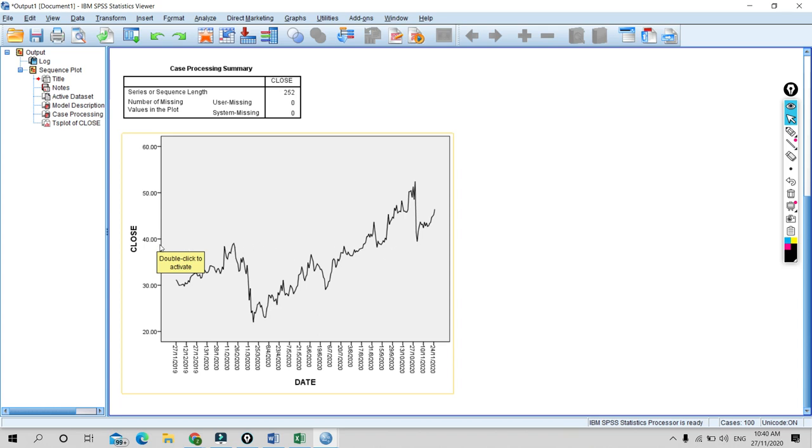Sequence chart, difference by 1. Then the chart, you can see that the data here becomes stationary, except for a little bit of this one.